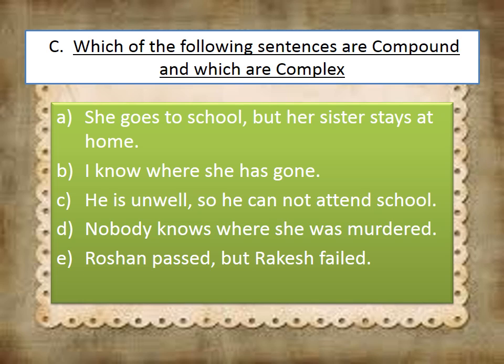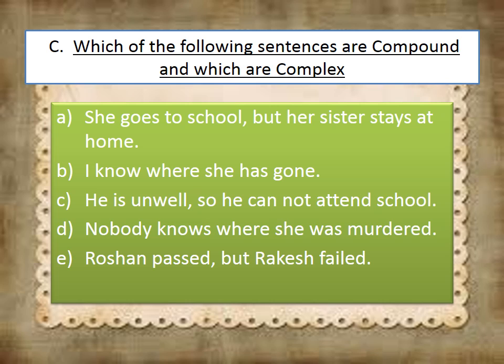The next exercise on the screen asks you to decide which of the following sentences are compound and which are complex. So we have already revised the rules of simple and compound sentences in the previous exercise. So here we shall discuss the rules of complex sentences before starting the exercise.